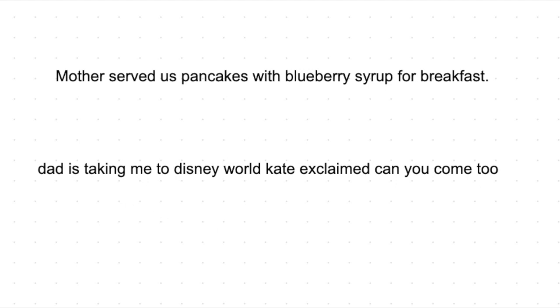Here we go. It says, Mother served us pancakes with blueberry syrup for breakfast. Who served us pancakes with blueberry syrup for breakfast? Mother, subject, noun. What is this saying about mother? What's the action? Served. That's our verb. Mother served what? Pancakes. If we're answering mother served what, we're answering with pancakes, the noun.